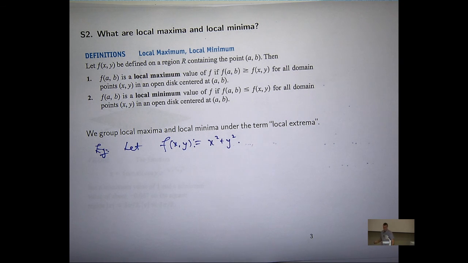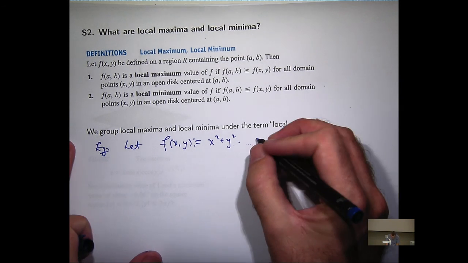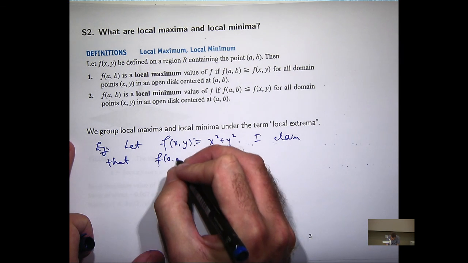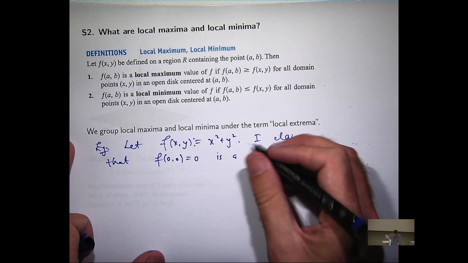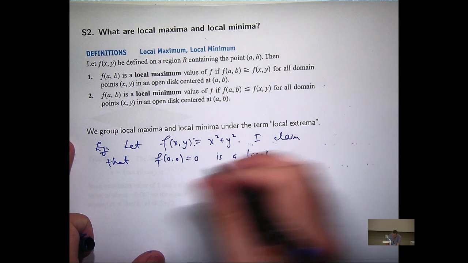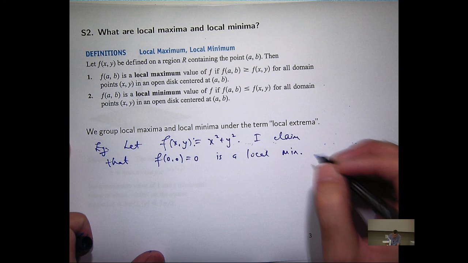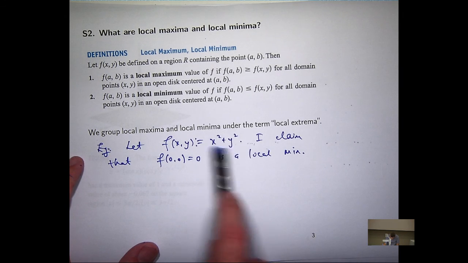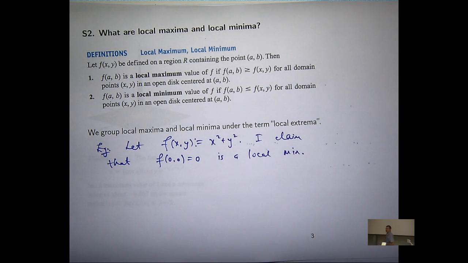Now, I'm going to claim that f of 0, 0 is a local min. Well, let's try to put that into context. What kind of graph is associated? What kind of surface is associated with this function? What is it? Paraboloid, right?